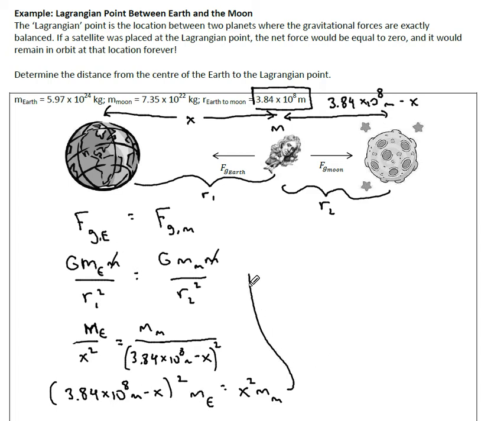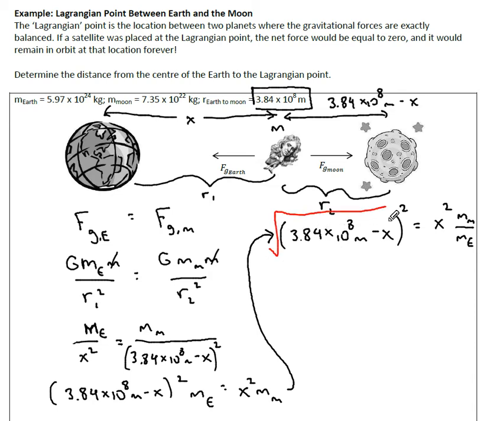Let me rearrange one more step before I square root. So I'm going to have 3.84 times 10 to the 8 meters minus x, all squared. I'm going to divide both sides by the mass of the Earth before I square root both sides. So x squared times mass of Moon over mass of Earth. Okay, so we're going to go ahead and square root both sides.